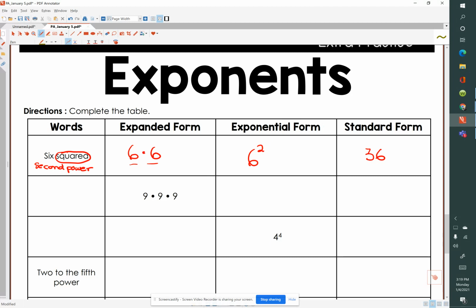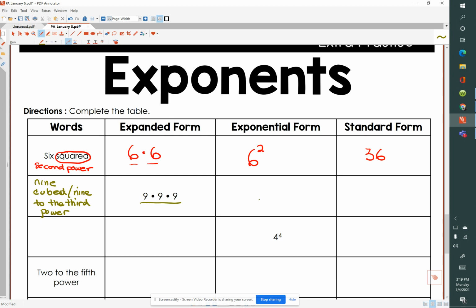Let's see, the next one, they start out by giving us expanded form. When we have something to the third power, we can call that 9 cubed, or we can also say 9 to the third power, because we have 3 9s being multiplied together.